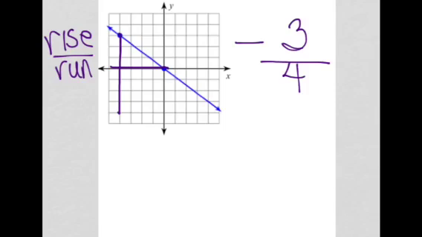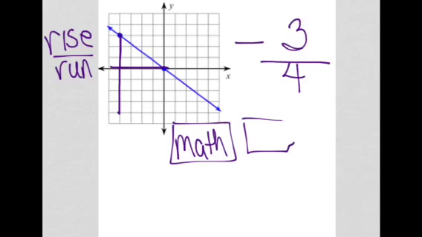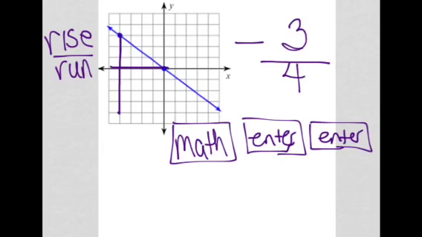I put it in my calculator, hit math. It is located on the left-hand side of your calculator, the third button down, and then enter, and you will find that 3/4 does not reduce any further, and so my answer is a negative 3/4.